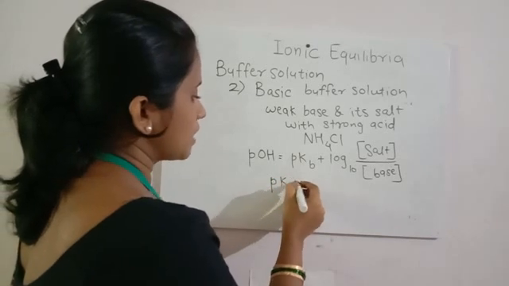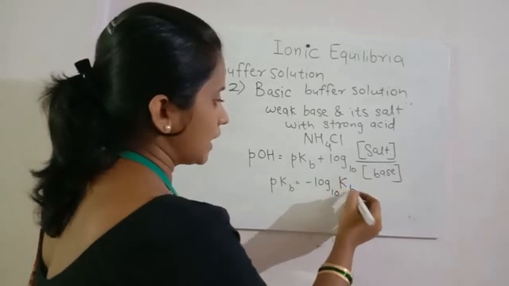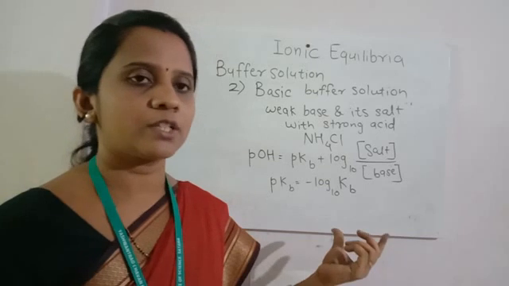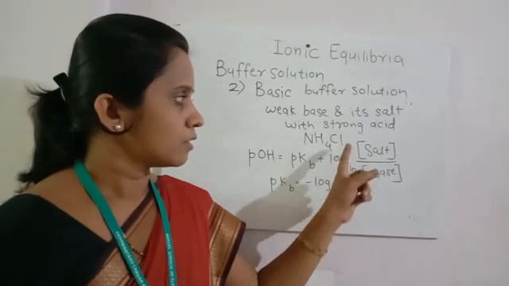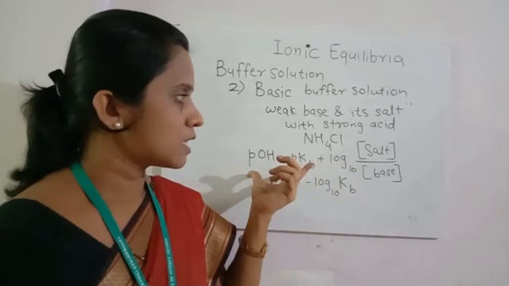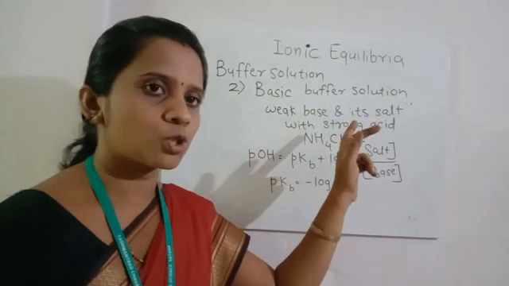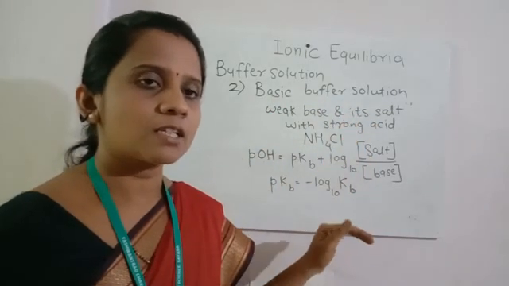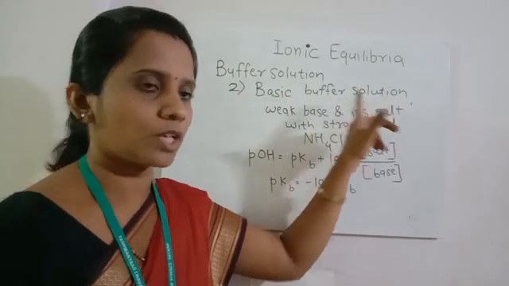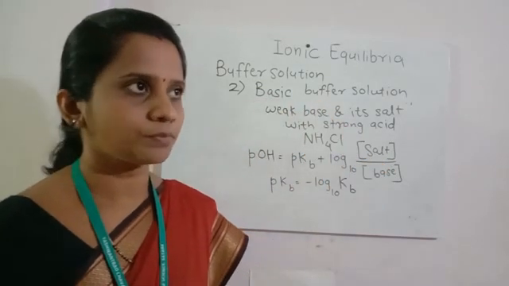So pKb is equal to negative log to the base 10 Kb, where Kb is what? It is dissociation constant of base. These are the concentration of salt and concentration of base, and this equation which gives pOH of basic buffer solution is known as Henderson-Hasselbalch equation for basic buffer solution. Okay, so this is the expression for basic buffer solution.